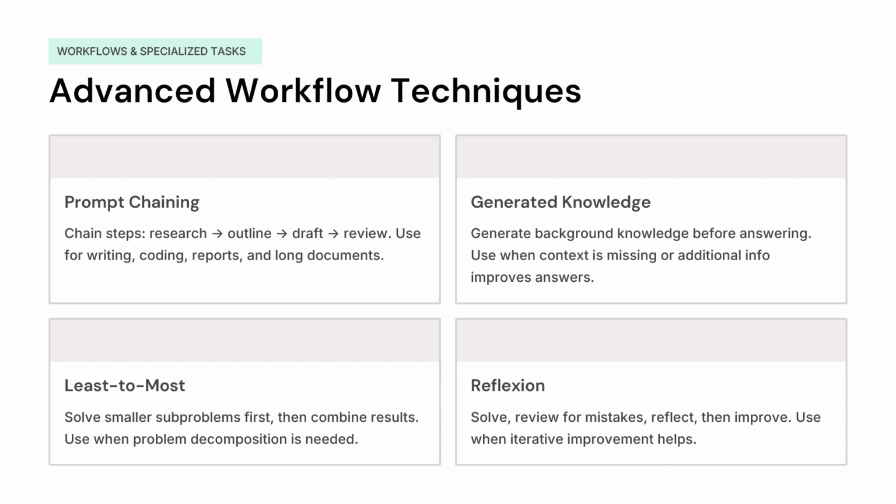Least to most prompting is another method which works well when a difficult problem needs to be decomposed into smaller subproblems and solved. There is also the method of reflection prompting, which is useful when you need to learn from your mistakes and improve in future attempts. These techniques are more specialized but can be extremely powerful when applied in the right context.